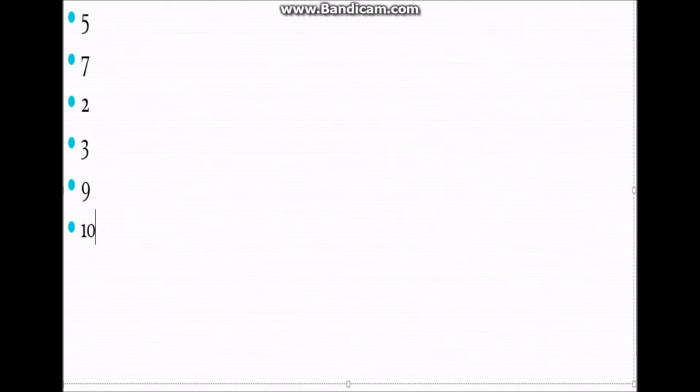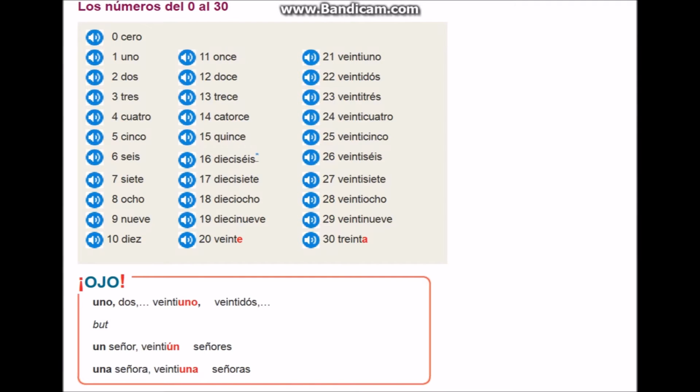Let's go to the next column. 11, 12, 13, 14, 15, 16, 17, 18, 19, 20. So you want to pay attention to numbers 11 through 15 because they're not going to follow that pattern like 16 through 19 where it's 10 and 6, 10 and 7.